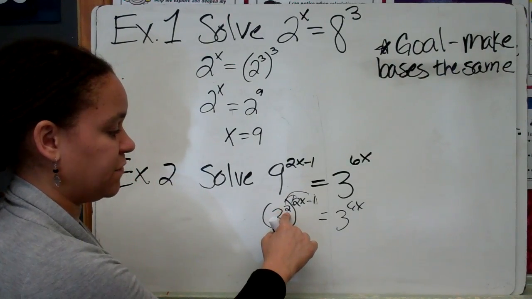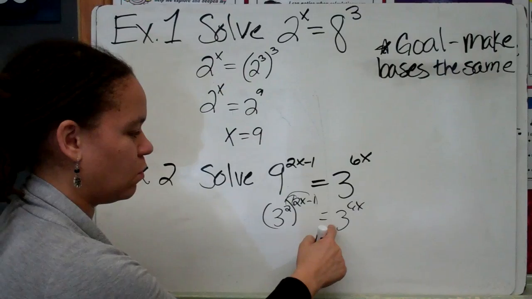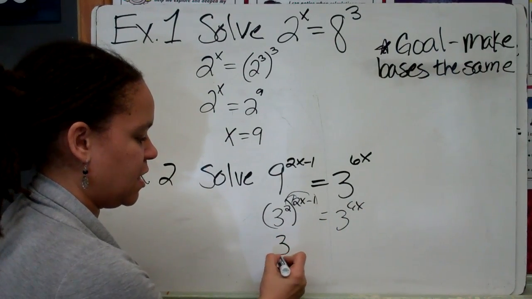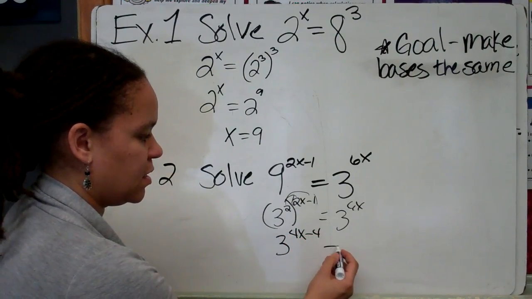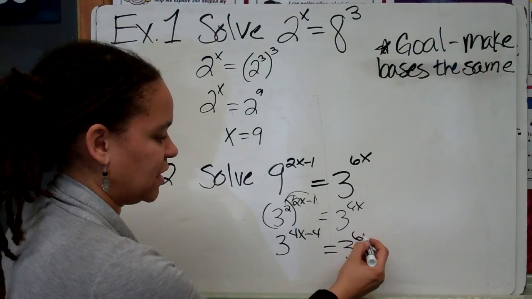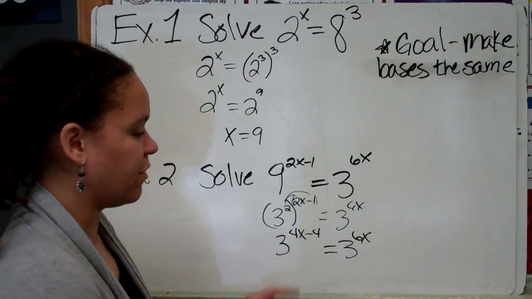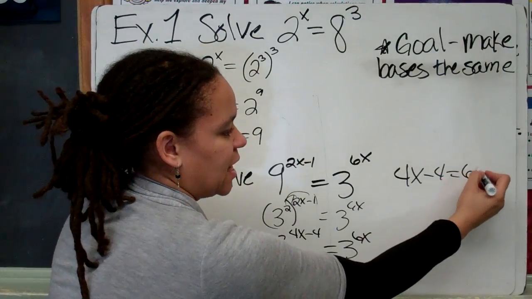It says 3 to the power of 2 times the quantity 2x minus 1 is equal to 3 to the power of 6x. So we have 3 to the power of 4x minus 4 is equal to 3 to the power of 6x. Now that we have the same bases, set the exponents equal to each other. So 4x minus 4 is equal to 6x.